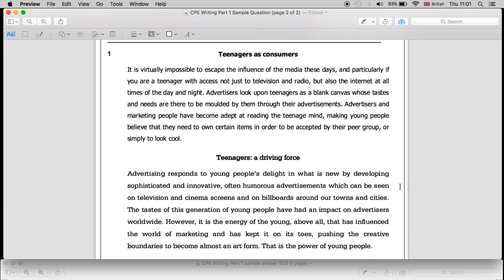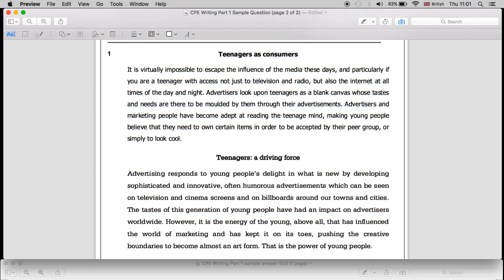So in essence, this text is saying something quite antithetical, quite the opposite to what the first text claims. Indeed, this text puts forth the idea that it is the young people who have the power and manipulate the advertisers, or manipulate may be too strong a word, the young people who drive and create the paradigms by which advertisers create their material in response.